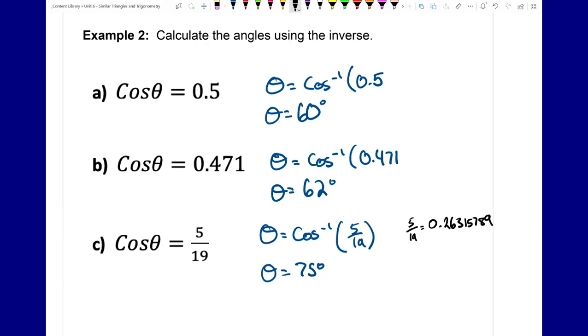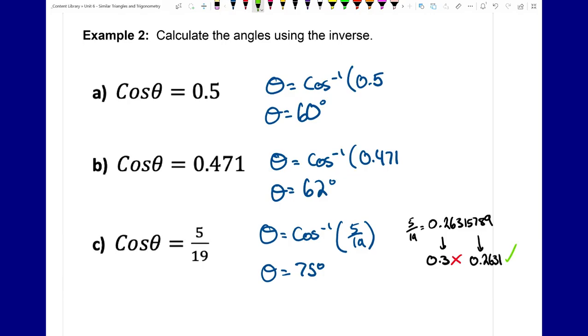So what you don't want to do is round this to 0.3. We don't want to round too much. I would suggest keeping at least 3 to 4 decimal places for this step. So 0.2631 would be good, or 0.263. That would be good.